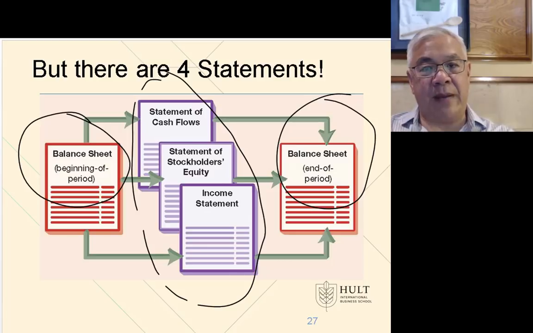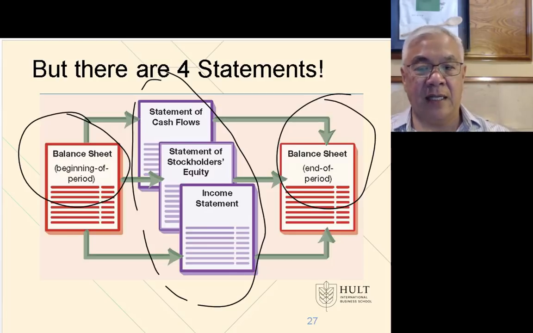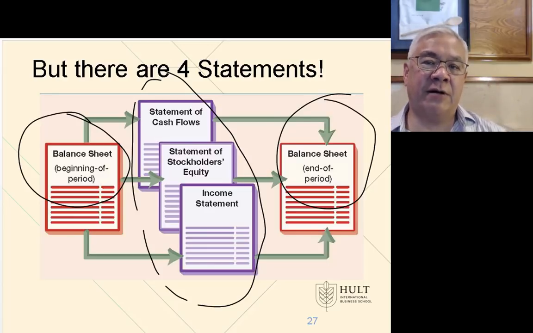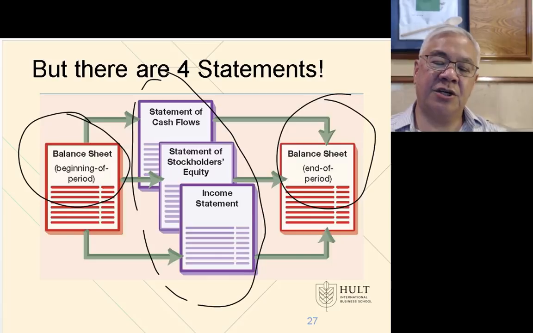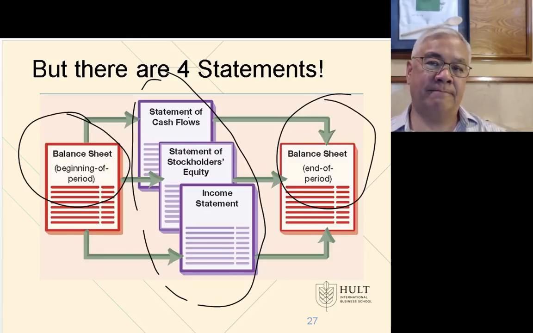So the end of year balance sheet becomes the beginning of the year balance sheet for the next period, and then it just rolls over, and that's how accounting perpetuates. The three in the middle, the income statement, shareholders' equity, and cash flows, are for a period of time, a quarter, a year. And then the balance sheets are like a snapshot. Think of it as like a camera, snap, a shot, a picture, right? Those are what balance sheets are.